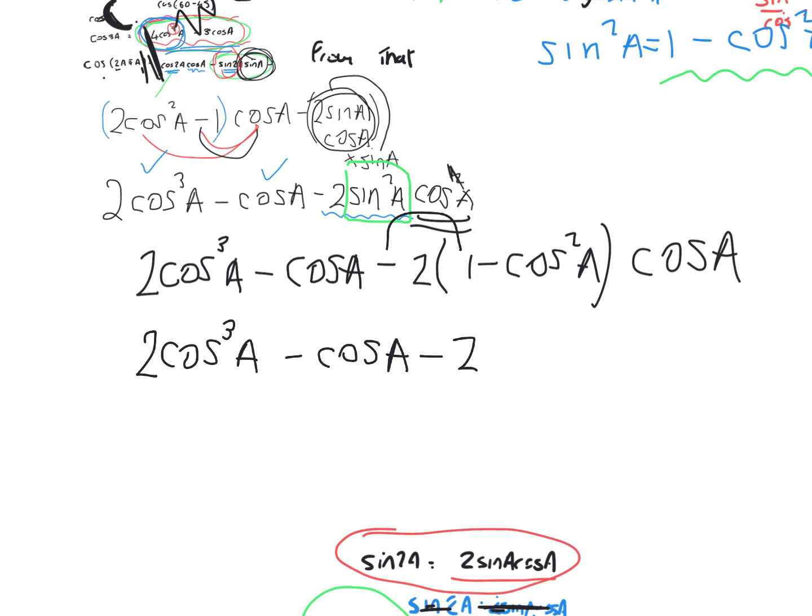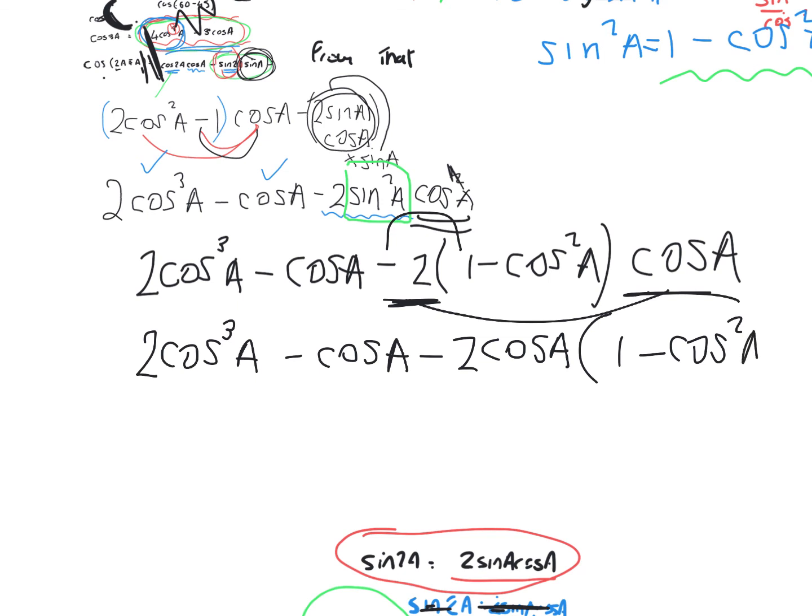Minus 2, and I'm going to put that cos A over there, bracket 1 minus cos squared A. Now, just to be clear that I haven't done anything that big there: you've got that times that times that. A times B times C is the same as B times C times A. So all I've done there is rather than write it as that times that times that, I've written it in a different order. Not a big deal. Okay, I think I'm almost finished now.